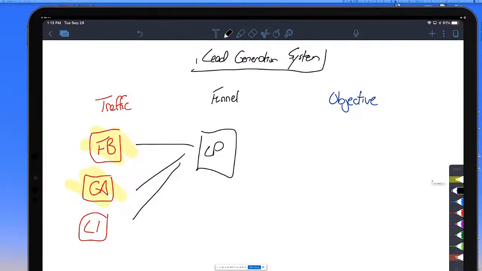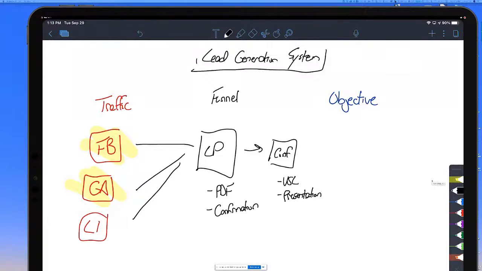So your landing page is usually a combination of a PDF that you give away in exchange for somebody's email address, and then also a confirmation page. The confirmation page normally has a video sales letter or some sort of presentation.